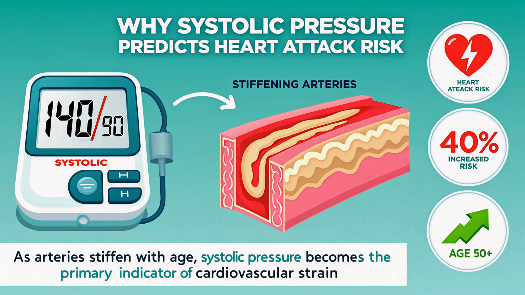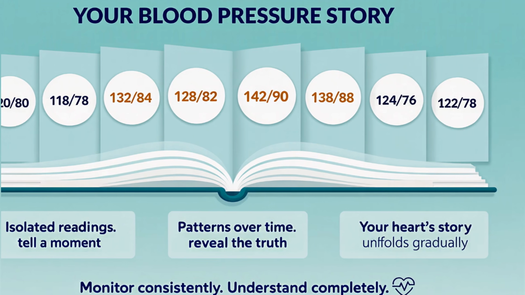Those factors can include body weight, sodium intake, physical activity, sleep quality, alcohol use, medications, and medical conditions such as kidney disease or hormonal disorders. Working with a clinician allows these factors to be evaluated systematically. Treatment may involve lifestyle adjustments, medication, or a combination of both, depending on the individual situation and overall cardiovascular risk.